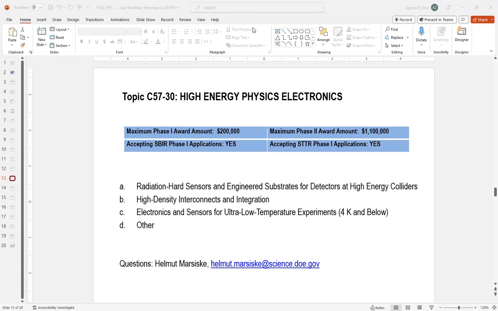Currently, we mostly employ a hybrid technology where a separately fabricated sensor, silicon typically today, is bump bonded to a CMOS readout chip. Now, as we employ larger and larger area detectors, we're looking for new technologies to improve cost effectiveness, and we're looking for new concepts.